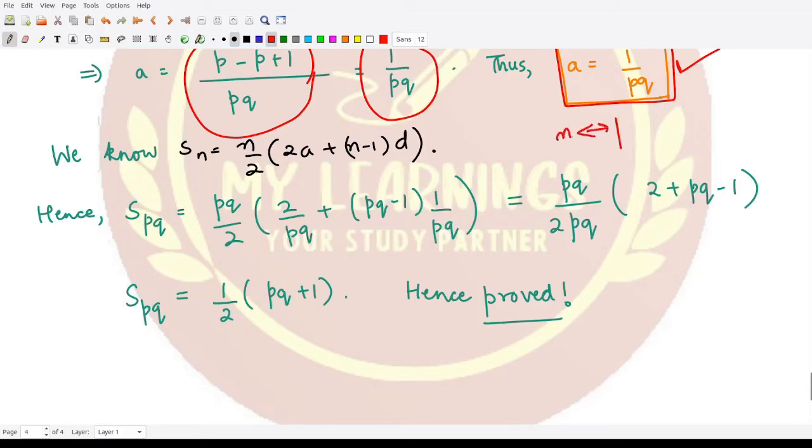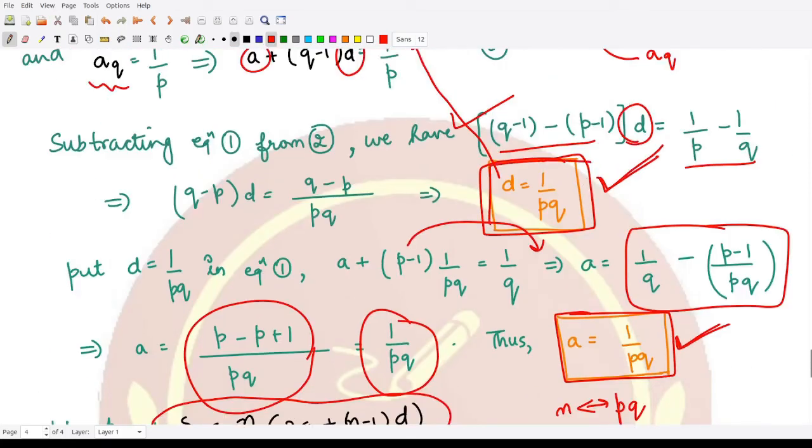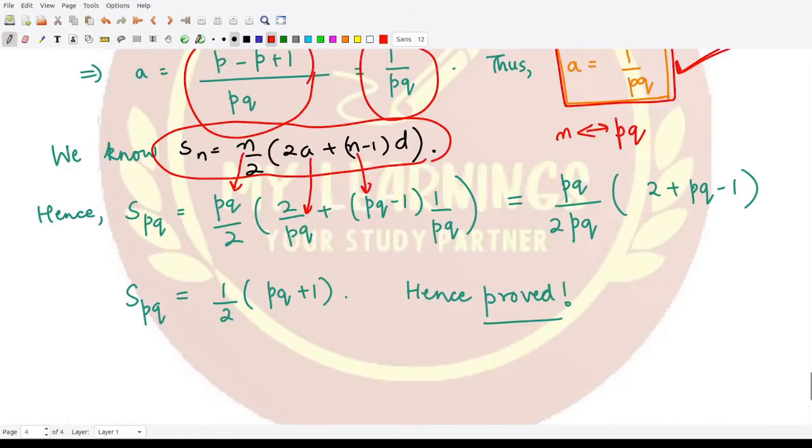Replacing n with PQ in this formula, we would have S of PQ equal to PQ by 2, 2a, and in place of n we write PQ here also. Because the value of a is 1 by PQ, we can substitute the value of a as 1 by PQ, and we also know the value of d is 1 by PQ, so we substitute d as 1 by PQ.